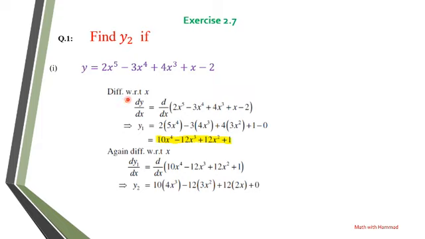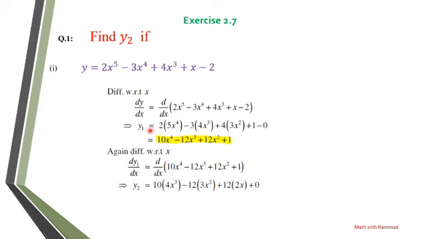First, differentiate with respect to x, applying d by dx on both sides. 2 as it is, derivative of x5 is 5x4, minus 3 as it is, derivative of x4 is 4x cube, plus 4 as it is, derivative of x cube is 3x square, derivative of x is 1 and derivative of 2 is 0. 5 into 2 is 10x4 minus 12x cube plus 12x square plus 1.